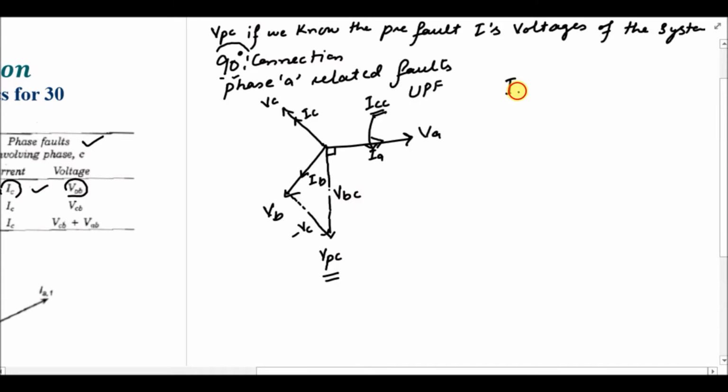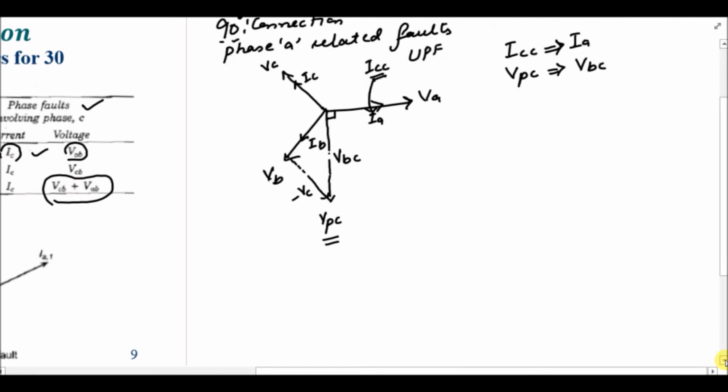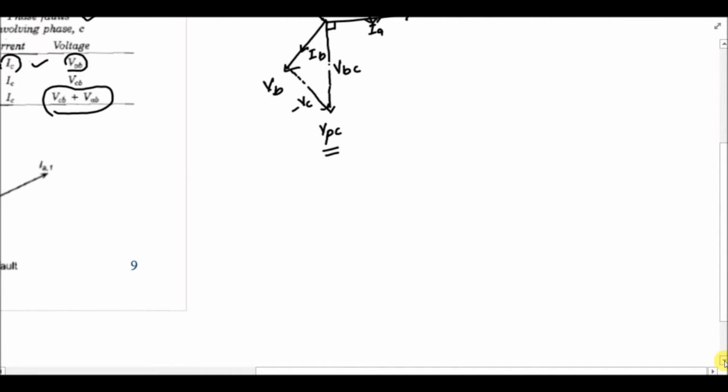So ICC in this case is IA and VPC in this case is VBC. So similarly, we can find the VPC values for all different types of currents and connections using this technique. Now, in this lecture, we are going to just talk about different types of connections that are being used in different parts of the power system.